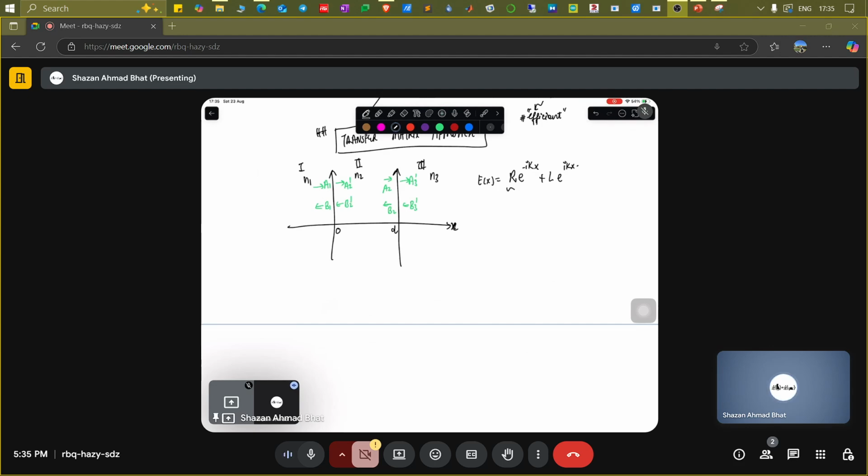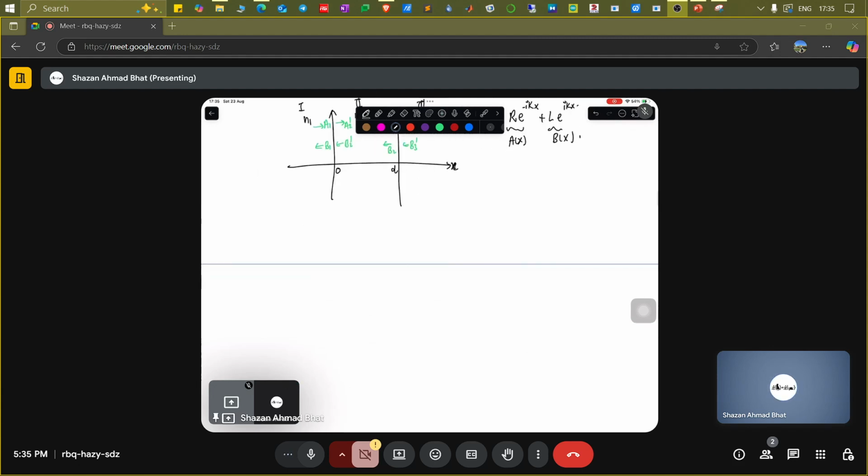If you denote these as a of x and b of x, you can write the coefficients for this interface only, the pink one. At this interface, a at x equals 0 minus, on the left hand side, is equivalent to A1. Similarly, b at x equals 0 minus is equivalent to B1.